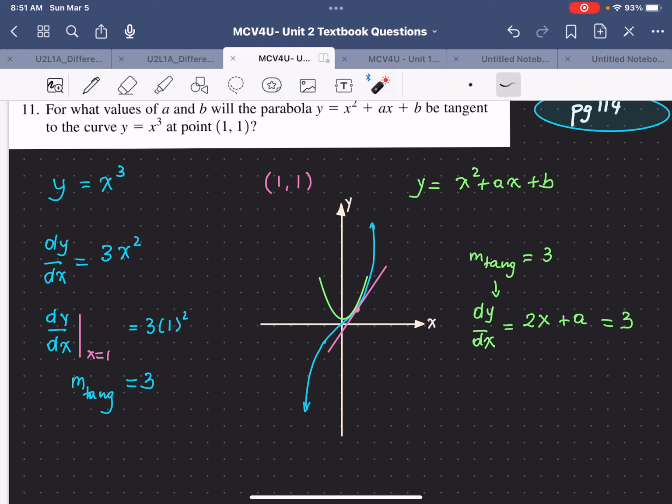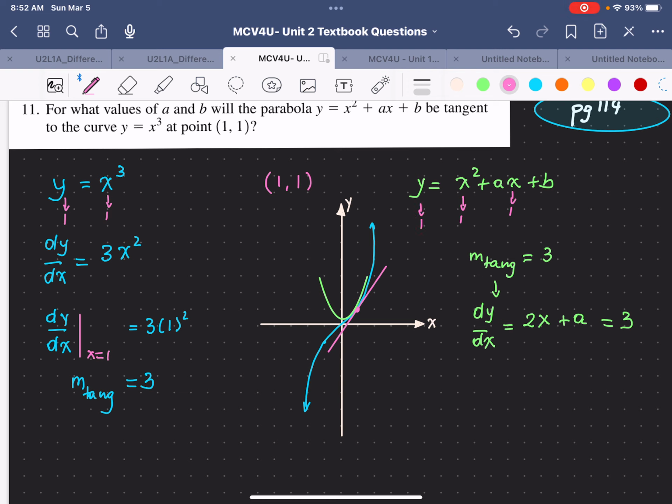Now remember also that the point with coordinates (1, 1) must satisfy the equation of y equals x cubed, which means if x equals 1, y equals 1, and we can easily see that because 1 equals 1 to the power of 3. But it must also satisfy the equation of the parabola. So if x equals 1, the value of y will also be equal to 1.